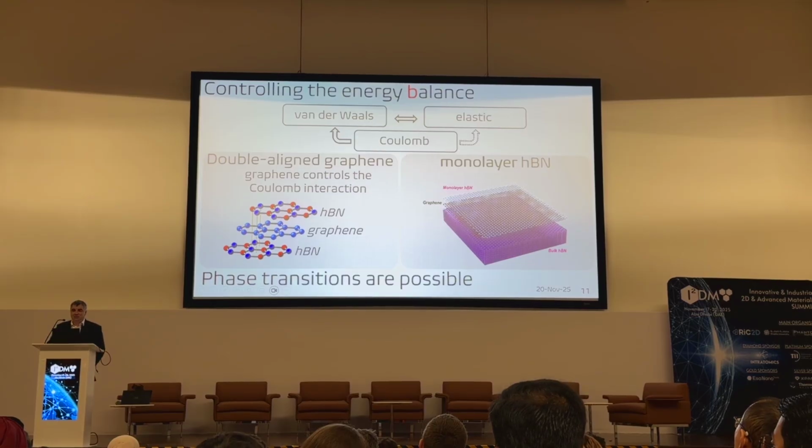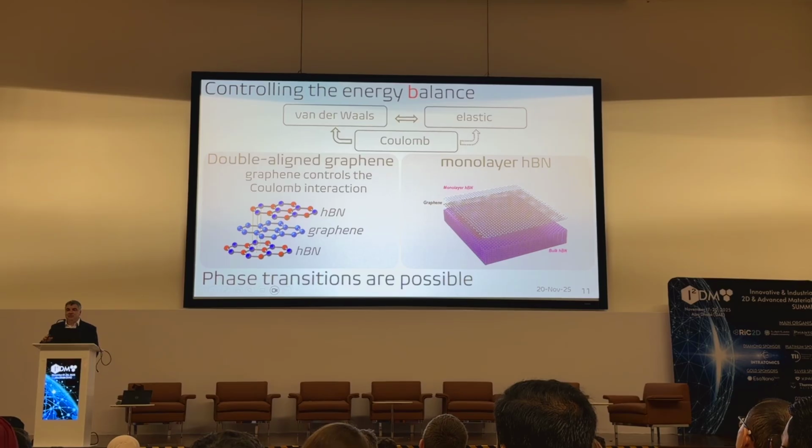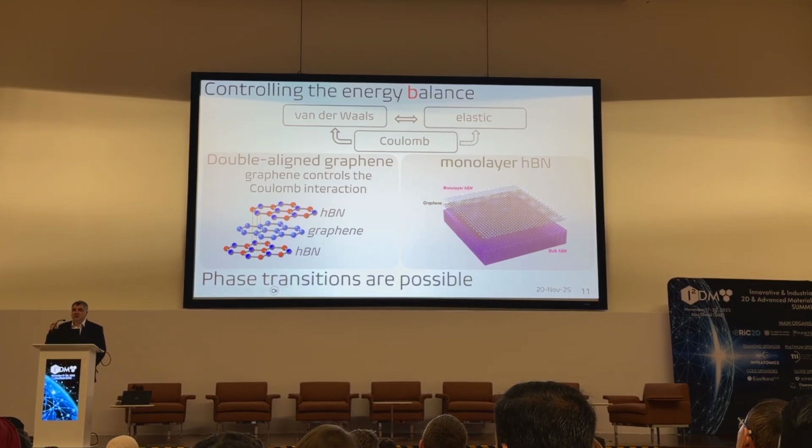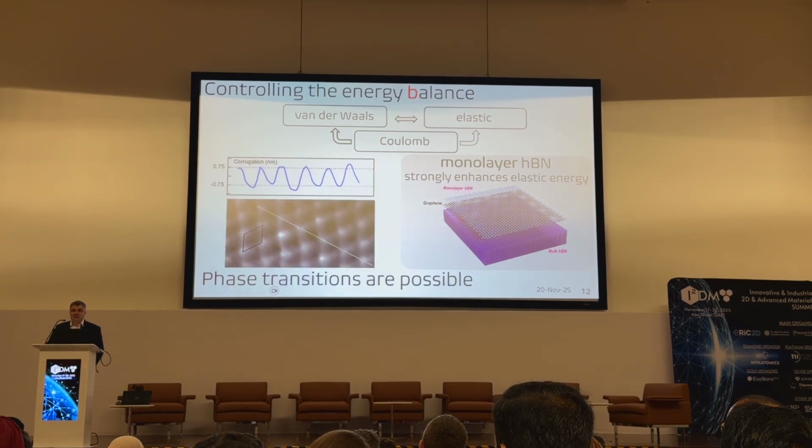So in this case, we use monolayer graphene, but also monolayer boron nitride, because once you use monolayer boron nitride, you enhance the strain field dramatically. The reconstruction is much stronger.